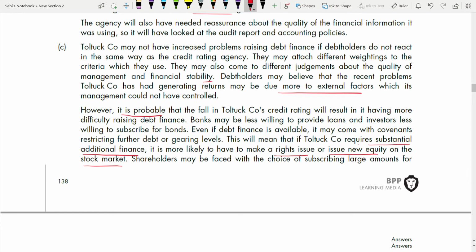Maybe when you are doing mocks of past papers, you might have studied this thing, rights issue or new equity issue, over and over again. What happens is, when the time comes in your exam and you are given an unlisted private company, there you are writing the same point. Why? Because you have memorized it.